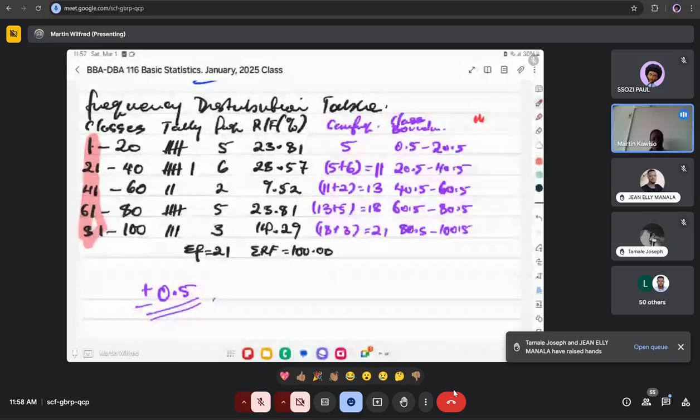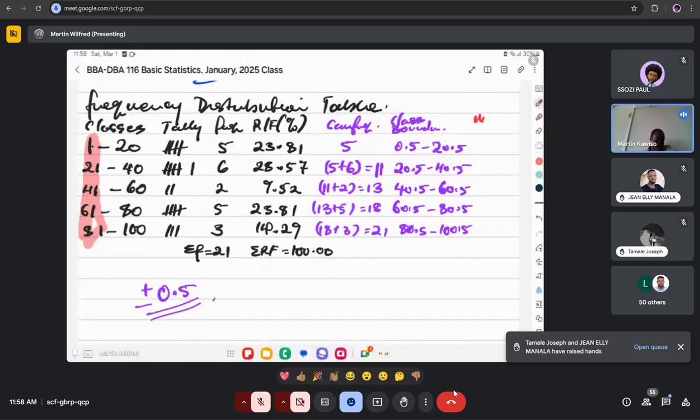Please, when we say we're following this principle, we are looking at basics. We're not proving formulas here. So that's why I've told you to be attentive.